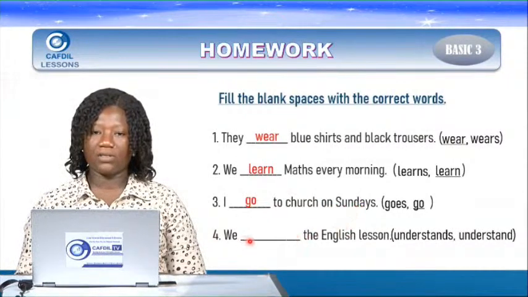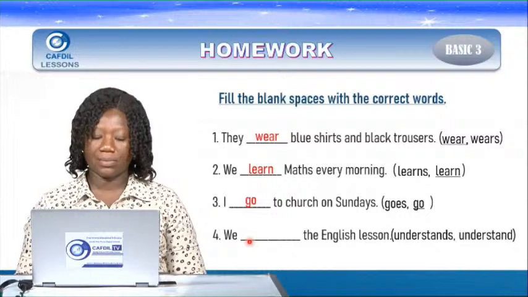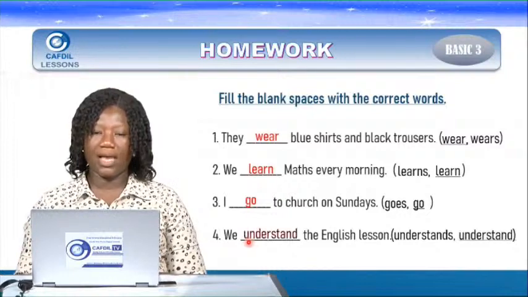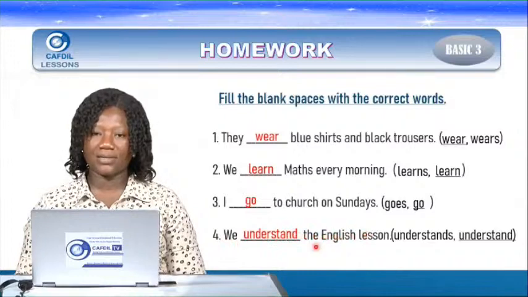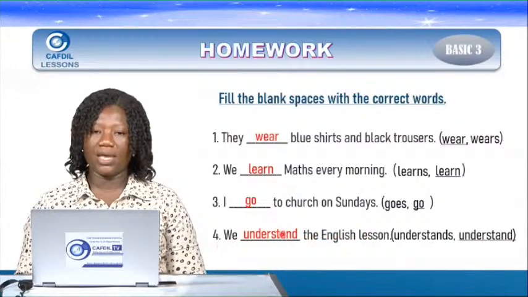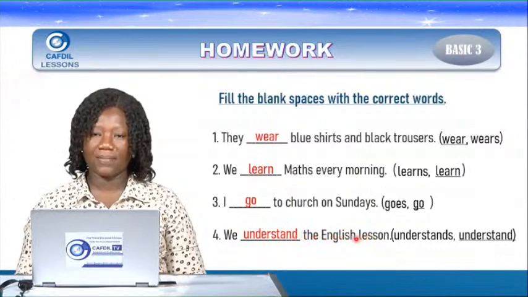Then, the fourth one, which one did you choose? Understand is the correct one. So, our sentence will read, we understand the English lesson.